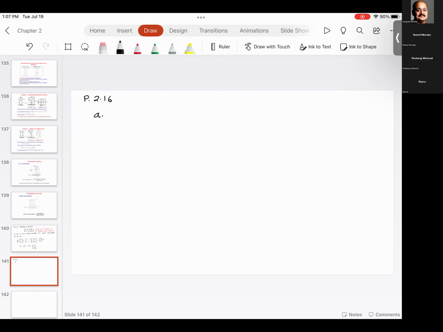The first problem is determine the derivative of d by dx of x times sine of x. Now I want to emphasize what this means.